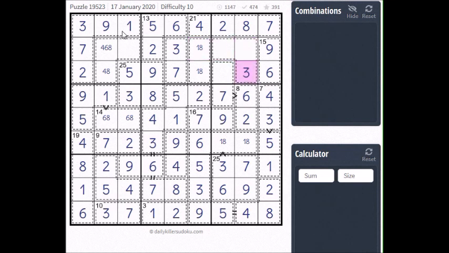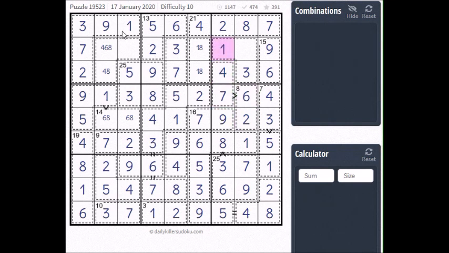Now this is 3. The 8 makes this 1, 8, and here we have 1, 4. But note that here we have 8, and this is 7, so this cannot be 1 because this must be greater than 8.